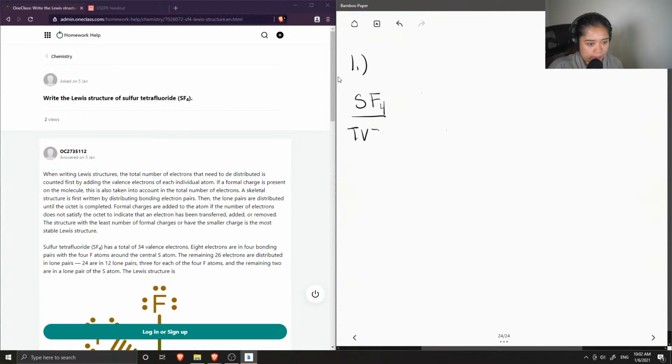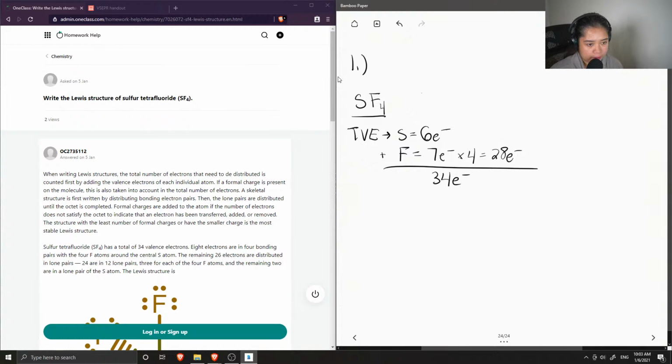For sulfur, this is equal to 6. In the case of a fluorine atom, this is equal to 7, and since we have 4 of them, this gives us 28. Then let's add up the total valence electrons, which is 34.